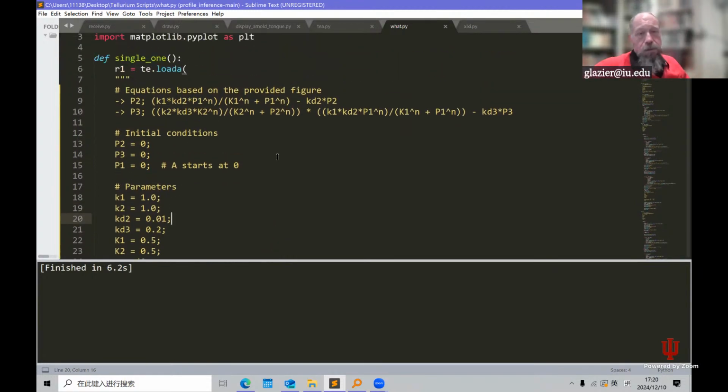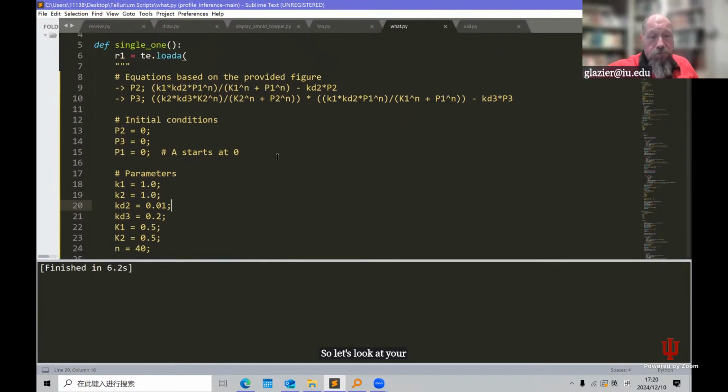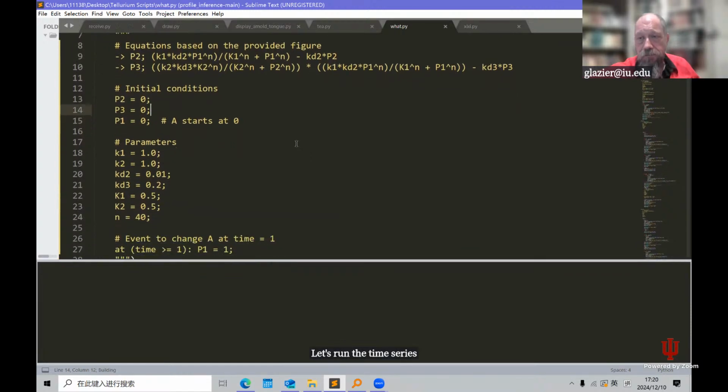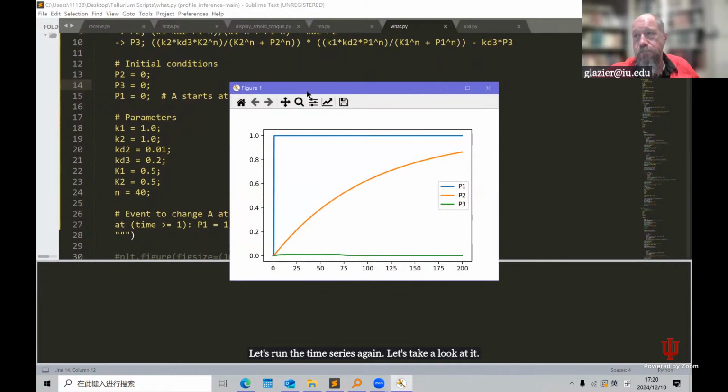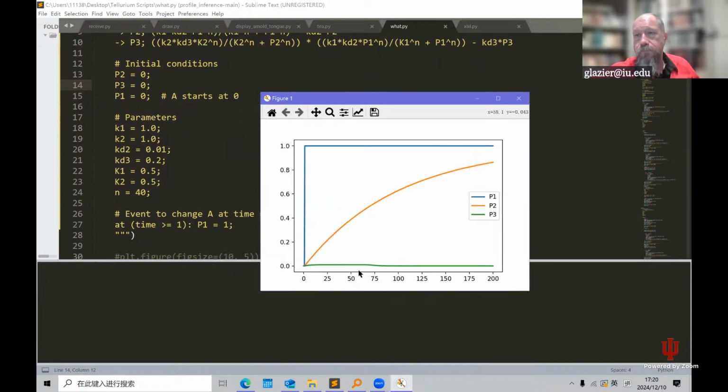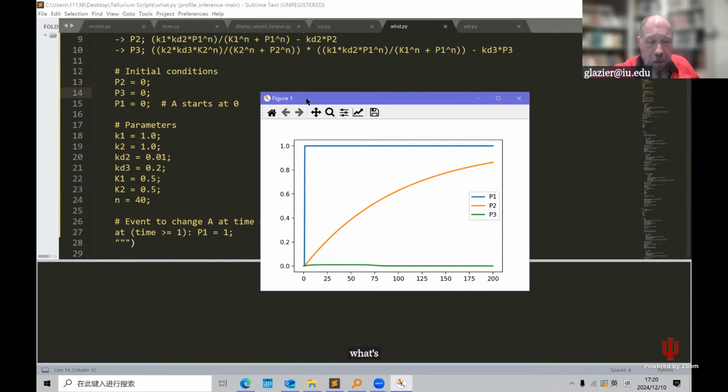So let's look at your simulation again. Let's run it, run the time series again, and take a look at it. I'm just looking at my output and seeing what's happening here.